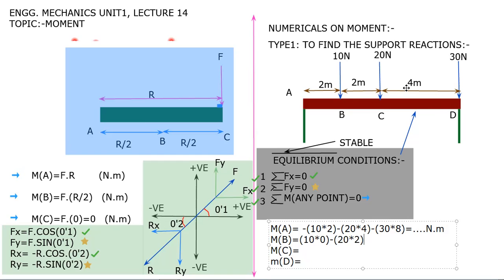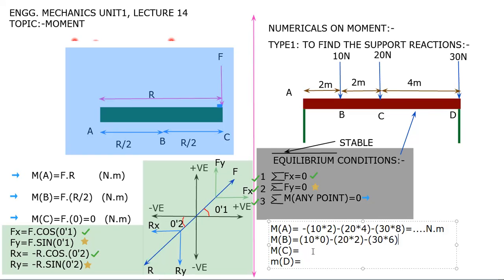Again, 30 Newton force multiplied by 6, minus 30 multiplied by 6. In this way, we are able to find the moment at the point B. Then the moment at the point C and the moment at the point D.